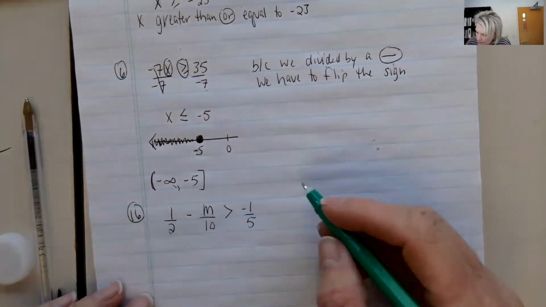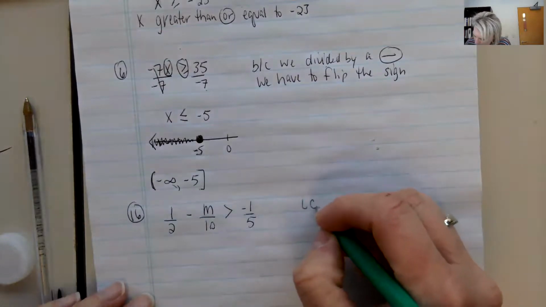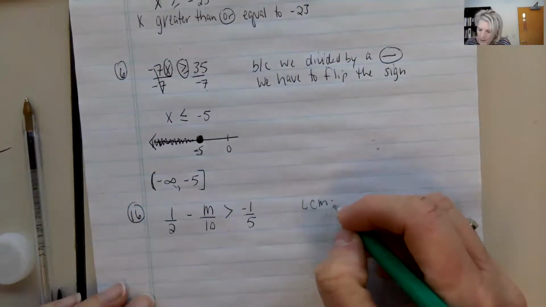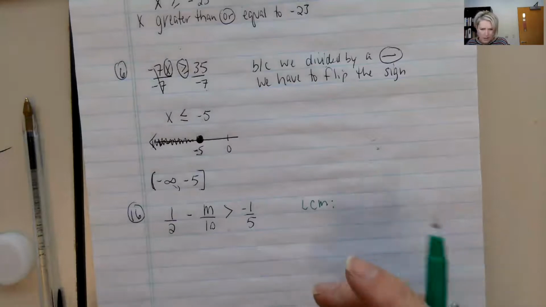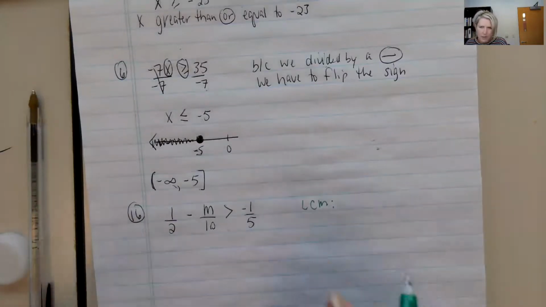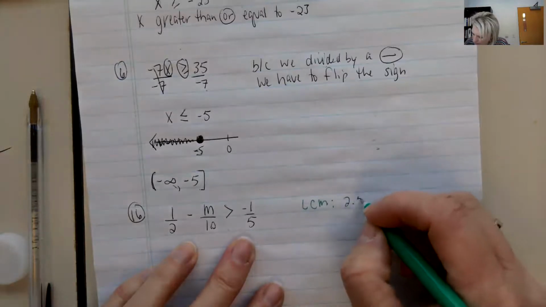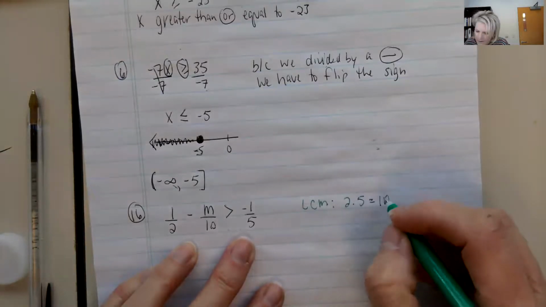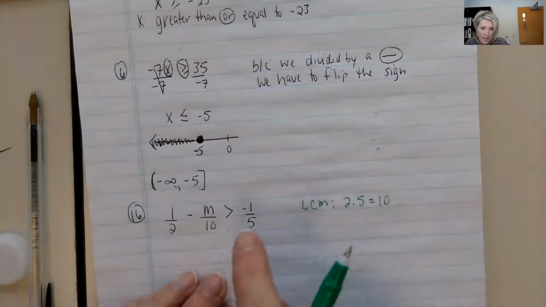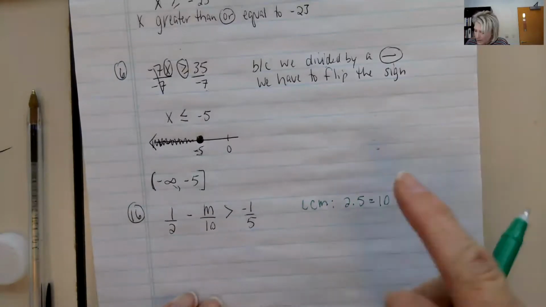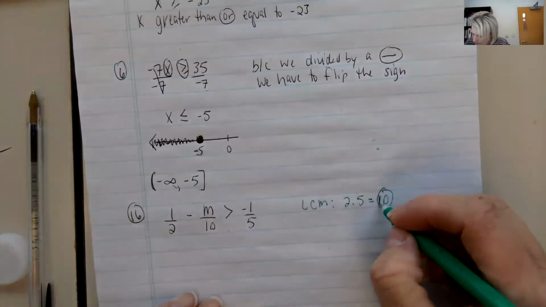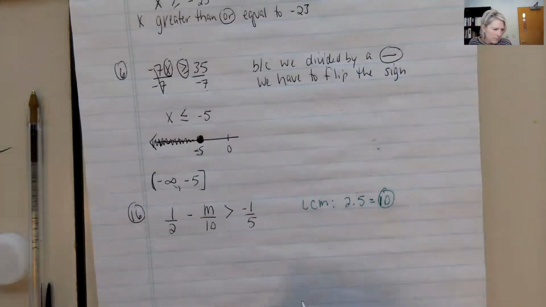Because I have fractions, I need to find that least common multiple. Like I recommended, I always start by multiplying the smaller numbers together. So 2 times 5 equals 10. And that's awesome because that's our third number. So 10 is going to be my LCD that I'm going to multiply through by.